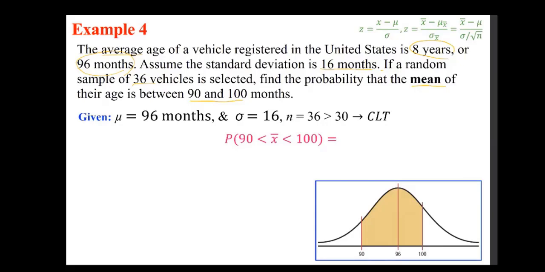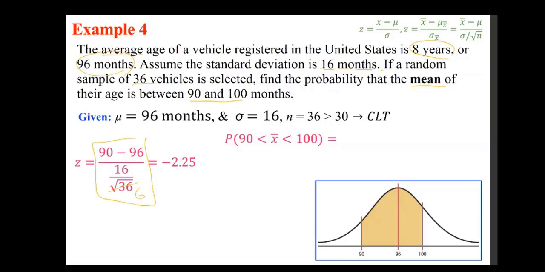With that being the case, what is the z-score for 90? What is the z-score for 100? So for 90, z is x bar, which is 90, minus mu, which is 96, over sigma, which is 16 over the square root of 36.